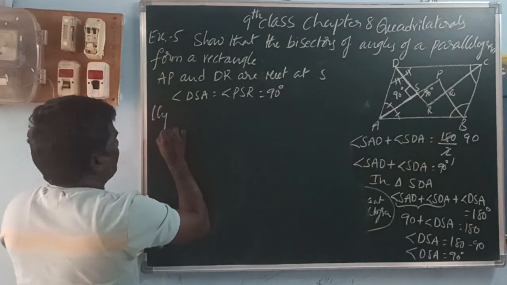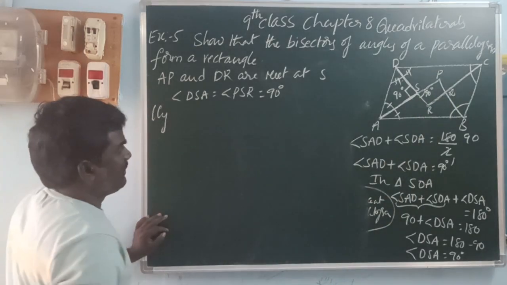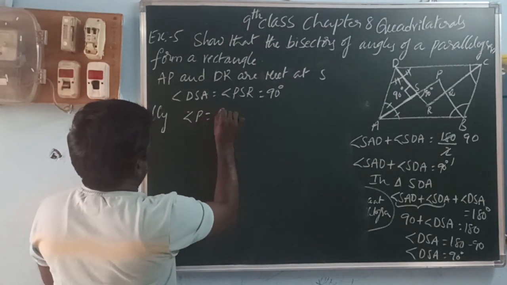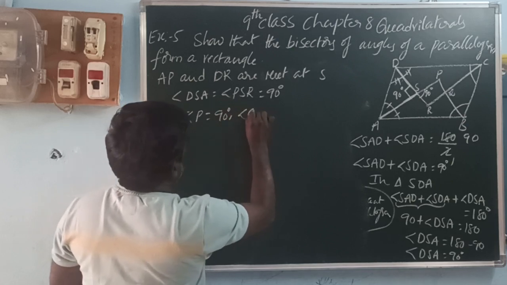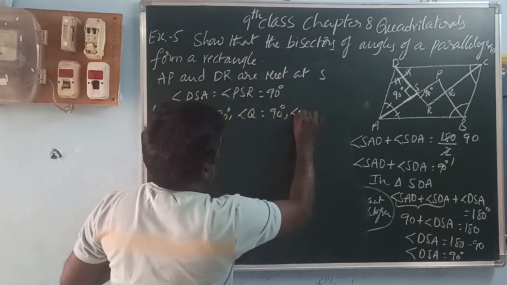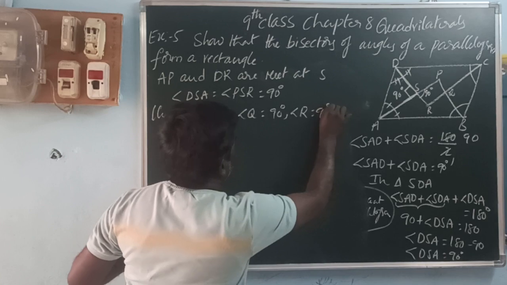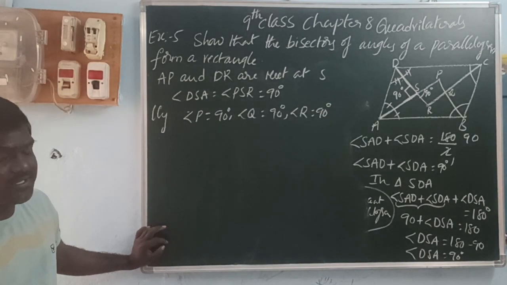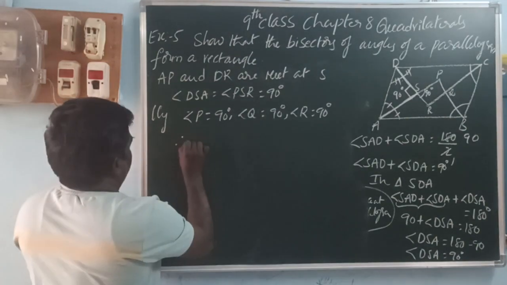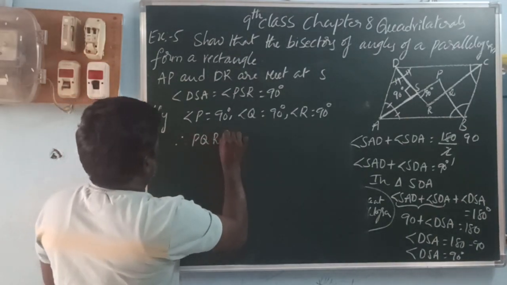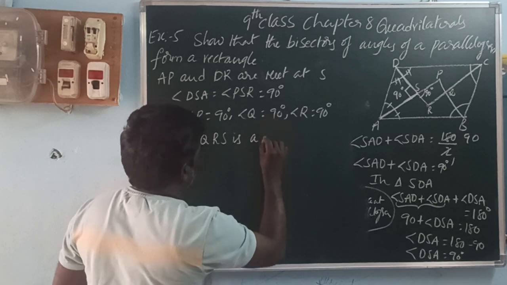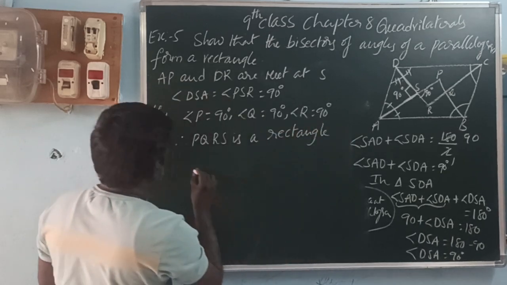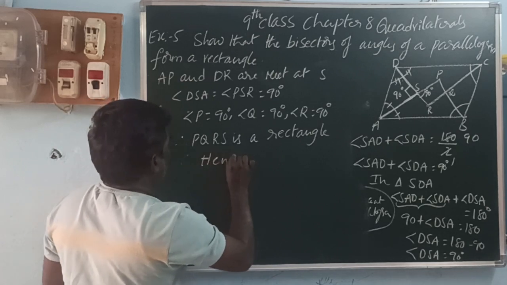Similarly, angle P is equal to 90, angle Q is equal to 90, and angle R is equal to 90 degrees. So therefore PQRS is a rectangle.